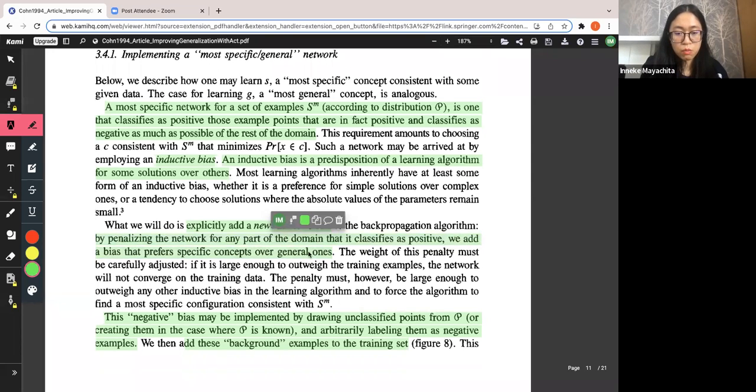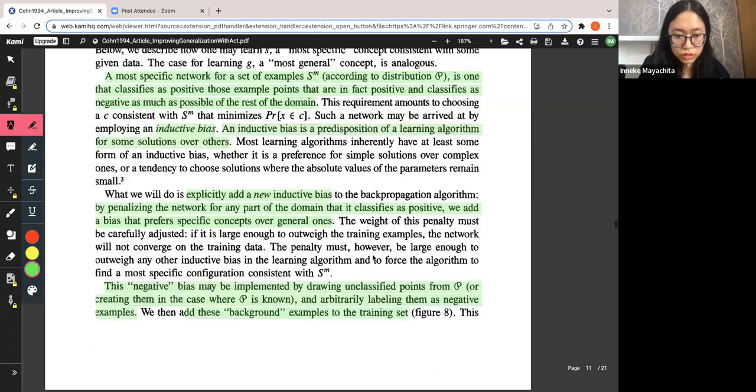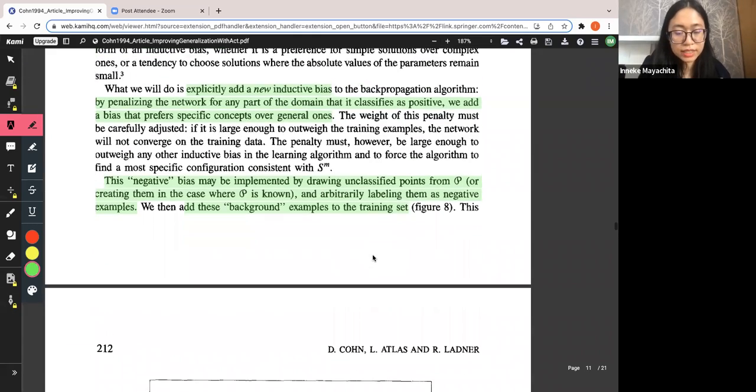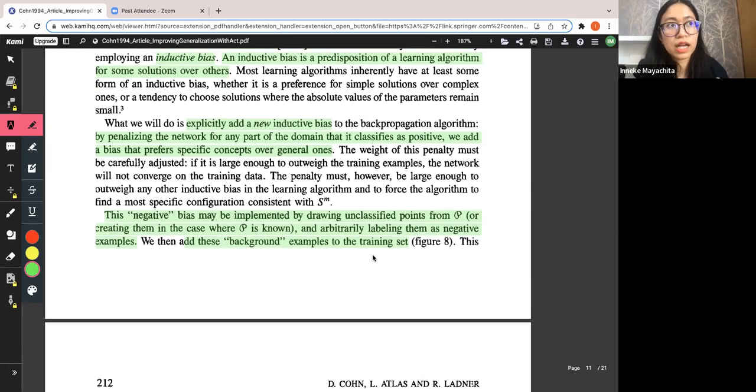The idea they introduced here is that they want to add a new inductive bias that balances out this phenomenon. We want to draw a new unclassified point from our distribution, and then label it as negative.